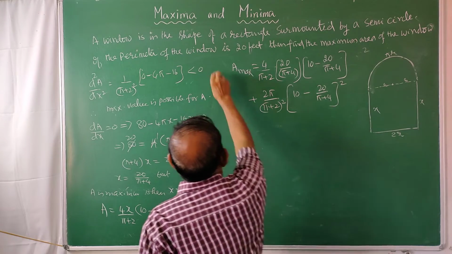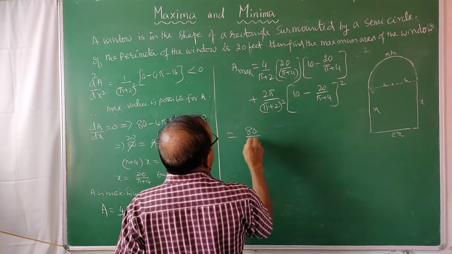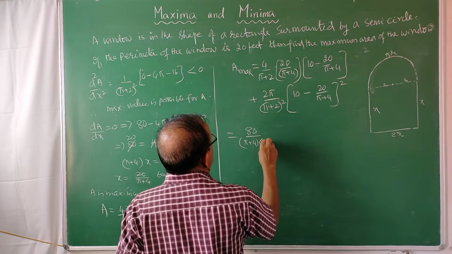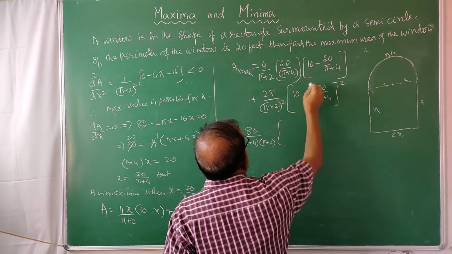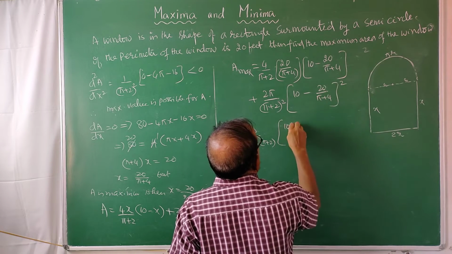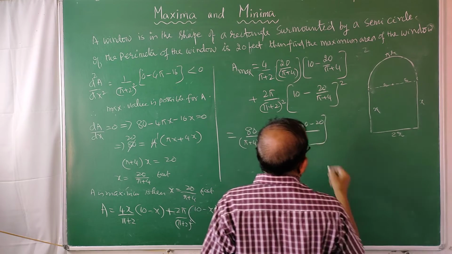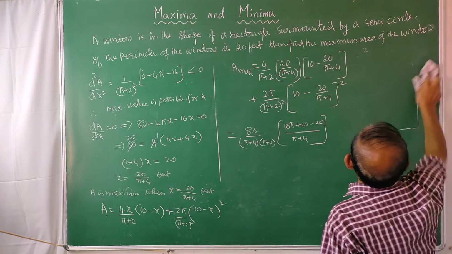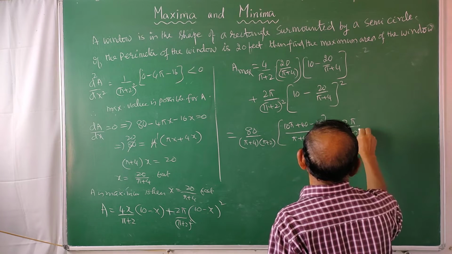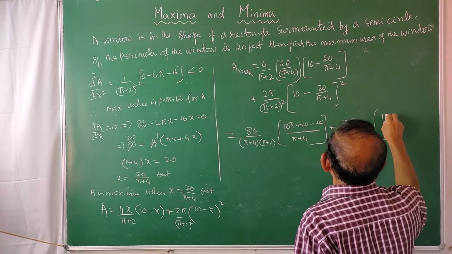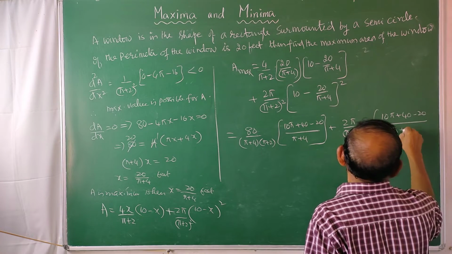So that is equal to, here 80 by pi plus 4 into pi plus 2 into 10 pi plus 40 minus 20 by pi plus 4, plus 2 pi by pi plus 2 whole square into, this is 10 pi plus 40 minus 20 by pi plus 4 whole square.